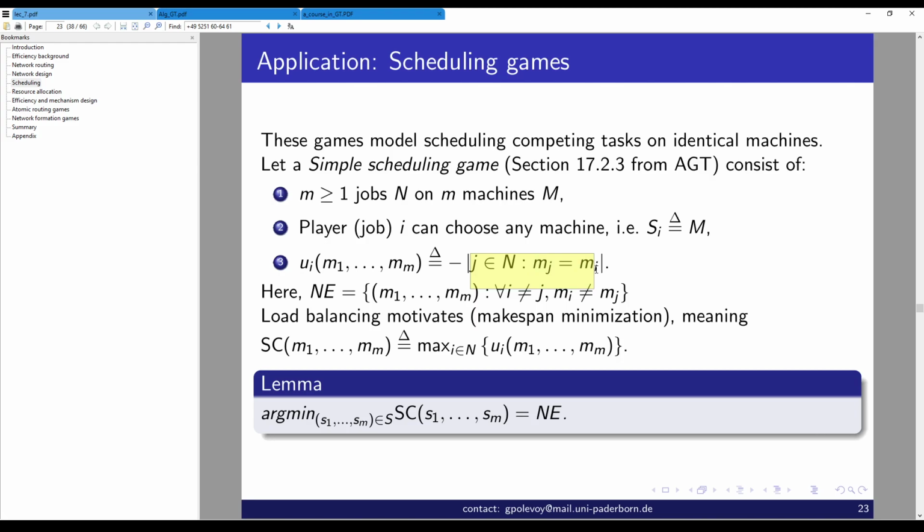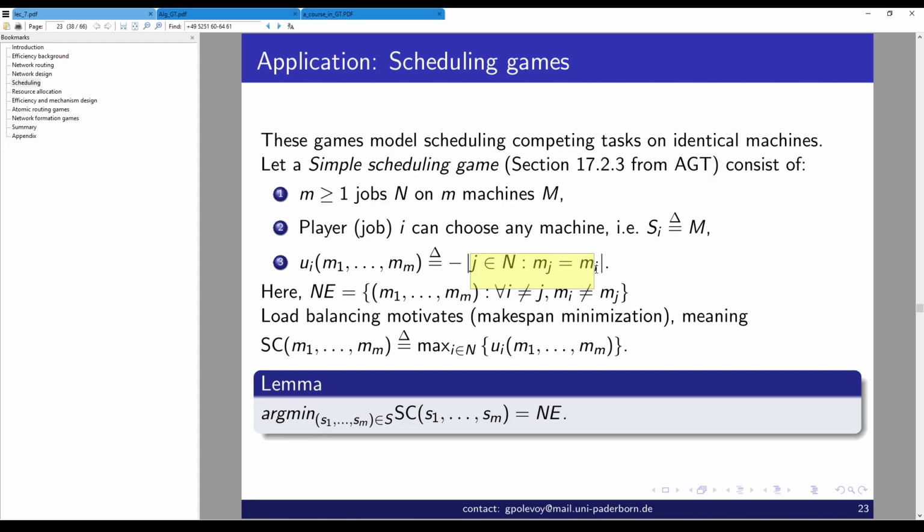So the more congestion there is on the machine where i goes, the more i suffers. We can even say that the cost is the number of players that choose the same machine, or we say that the utility is minus that number. The players here are the jobs, though of course the person who owns the job probably decides. Anyway, the players are the jobs, the strategies are the machines, and these are the utilities.